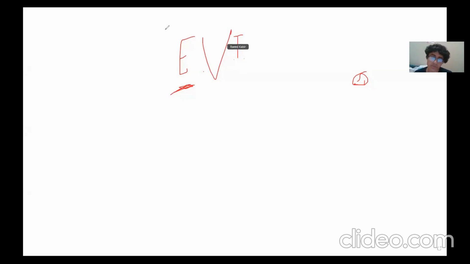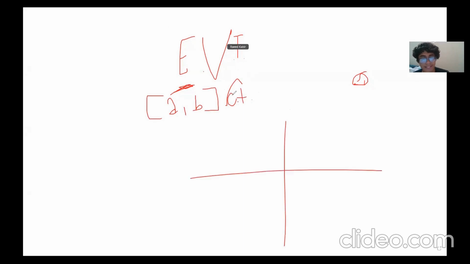So you need the function that you're drawing to be continuous from A to B. Continuous, right? And then you can confirm that there exists both an extreme max and extreme min. Okay, this is the idea.